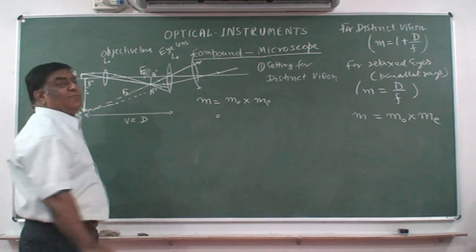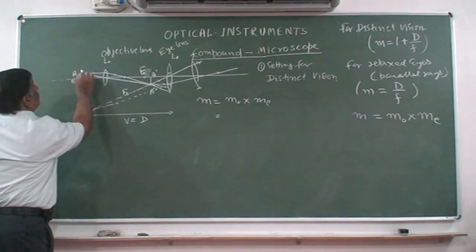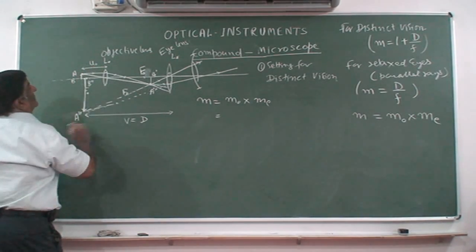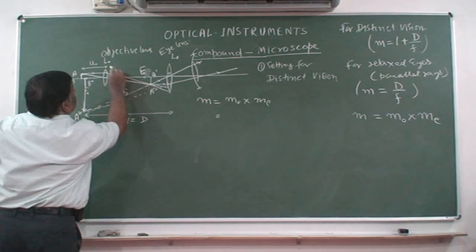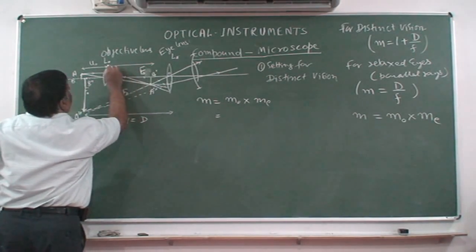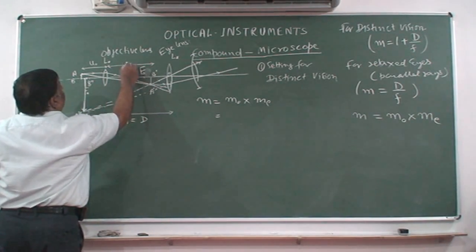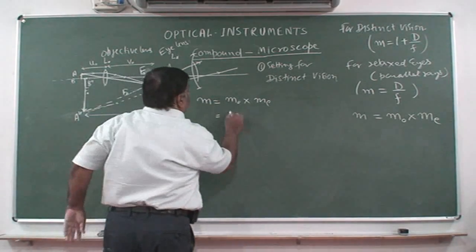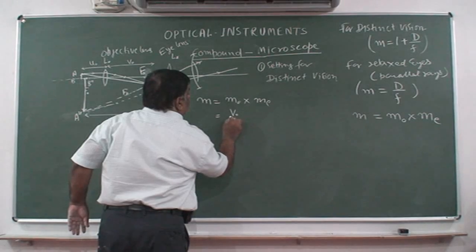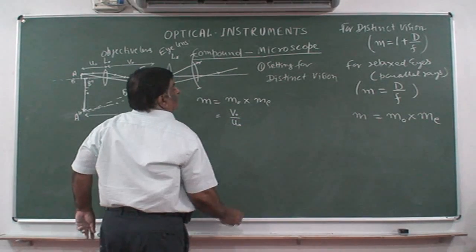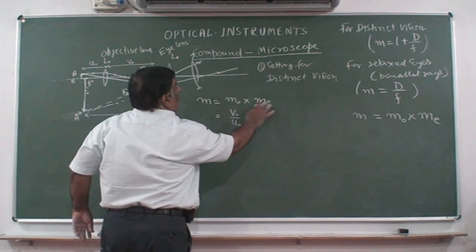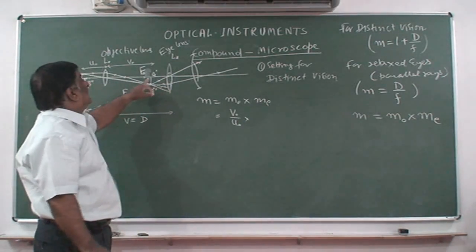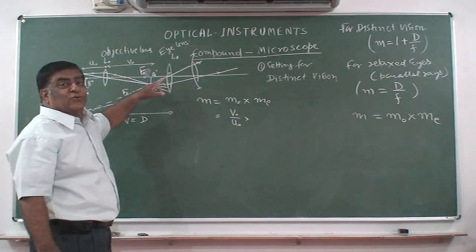Magnification by objective is V upon U. This is U for objective. And from here, this is V for objective. So this we can write as V objective, U objective, multiplied by ME, magnification by eyepiece, and this is in the setting of a simple microscope.